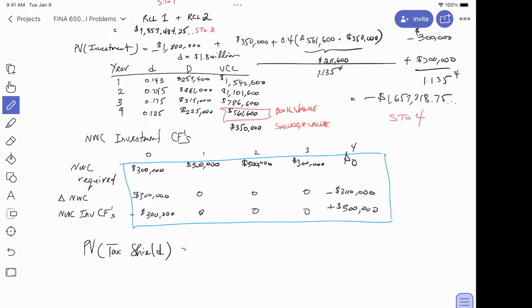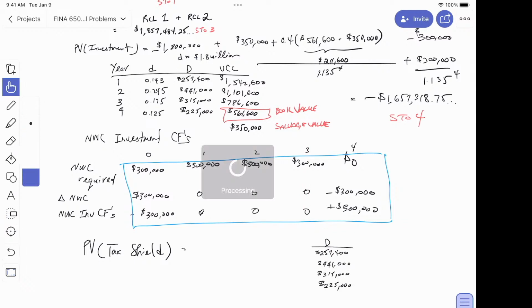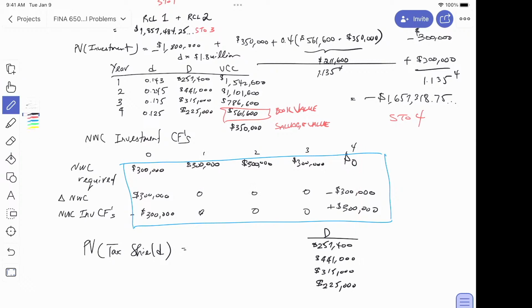So to get these amounts, you just need the D column, the big D, for the depreciation amount, and you have to multiply that by the tax rate to get the tax shields in each year. So I can take just this piece with me down here, multiply by the tax rate, where the corporate tax rate is 40%.